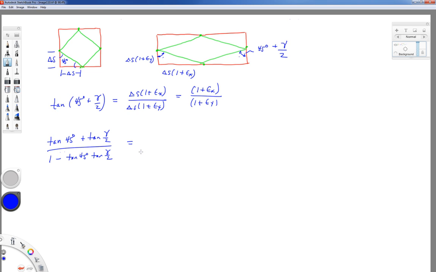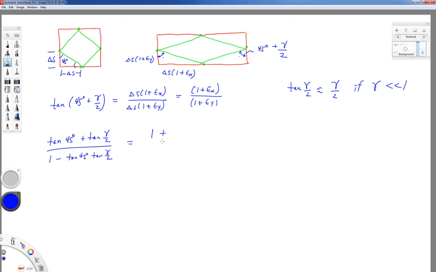The tangent of 45 degrees is 1, so this becomes 1 plus, well, the tangent of gamma over 2 is approximately equal to gamma over 2 if gamma is a very small number expressed in radians.